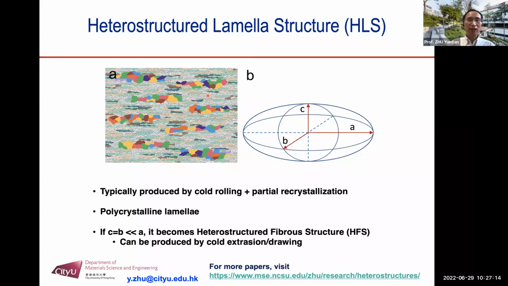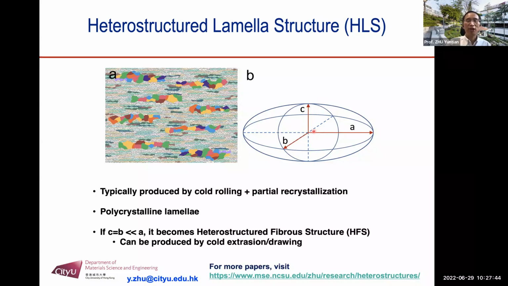Okay, each lamella can be approximated by this ellipsoid with the axes A, which is the longest axis, B, and C. So this can be typically produced by cold rolling plus partial recrystallization, in which case you get A very large, B medium, C very small. It becomes a lamellar structure.